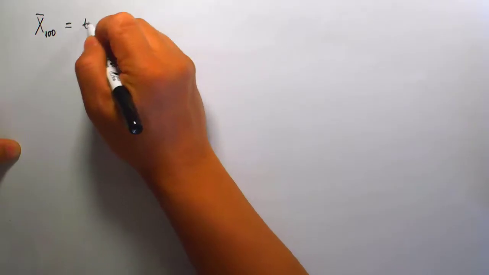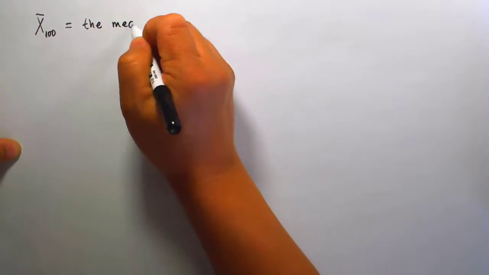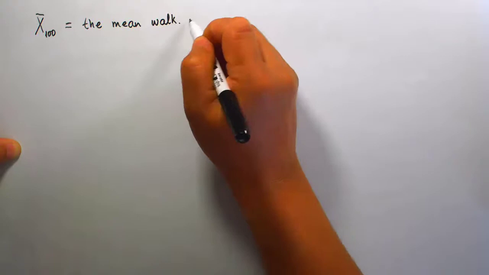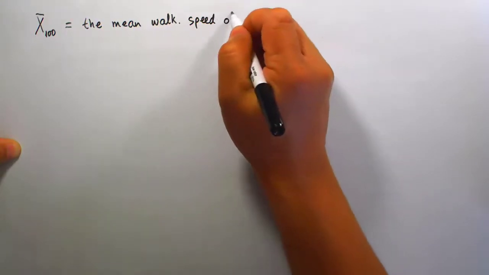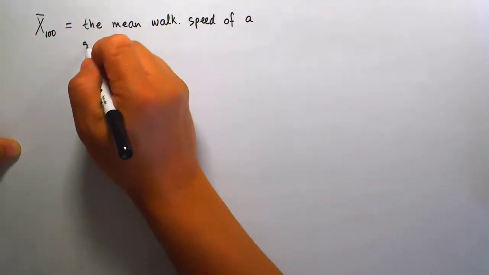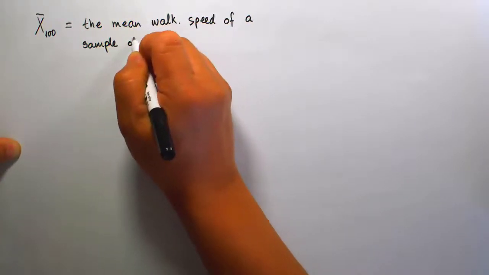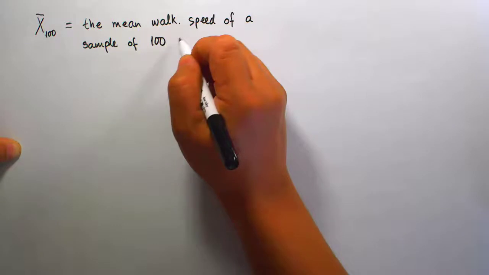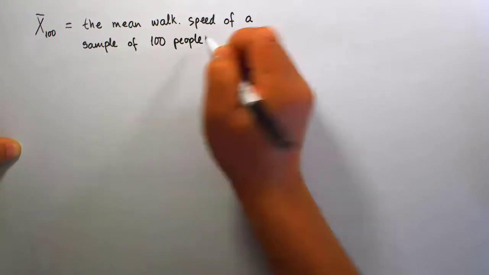So this capital X bar 100 represents the mean walking speed of a sample. But this time, instead of 50, we're looking at 100 people. So we changed to a different sample size.